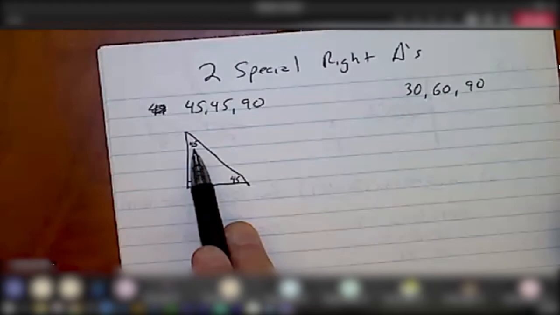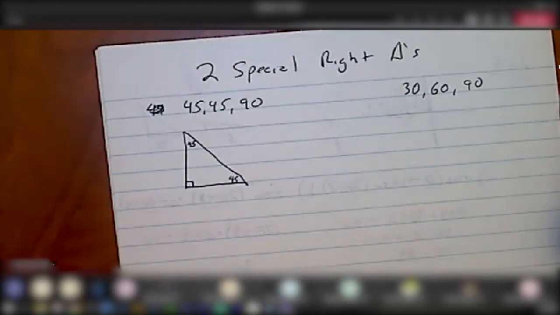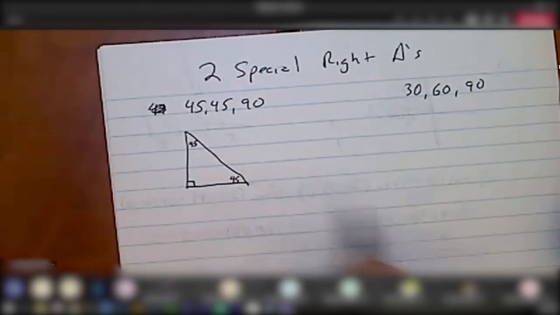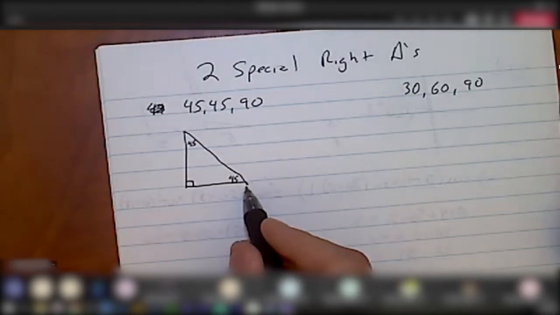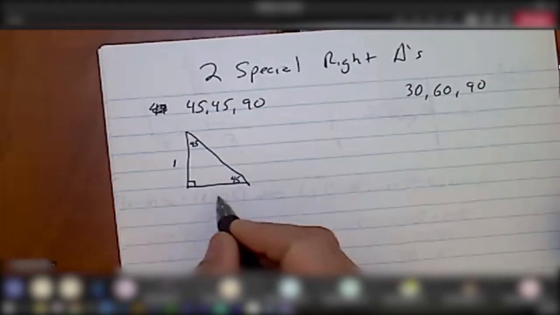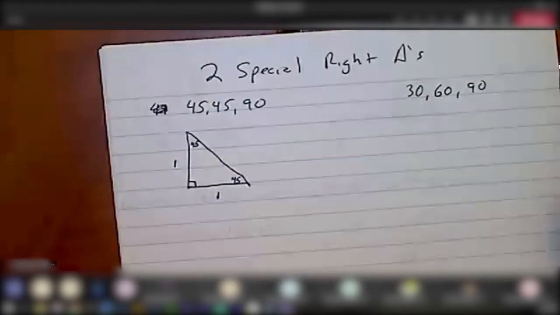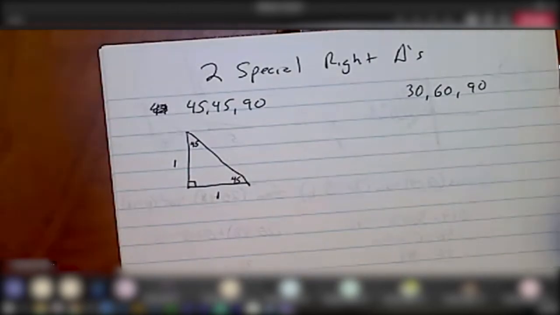Which means if their two angles are the same, then their two legs are the same also. And because we can pick any number here that we want to work with, let's pick something really nice. I'm going to pick 1. So if these two angles are 45, I'm going to say that that's 1 and that's 1. And all I need to do now is figure out the hypotenuse.